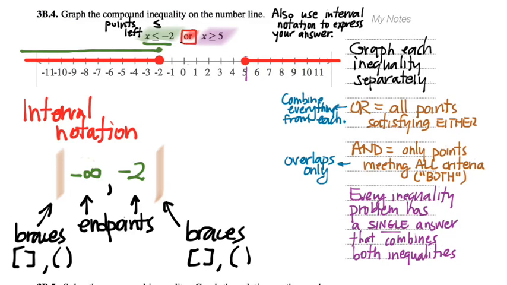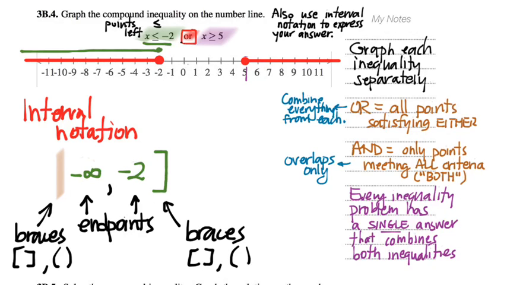Remember, the square brackets indicate inclusion of that number. Round brackets indicate not inclusion, exclusion. So which of those two do I want for -2? Because -2 is included in the set, we use a square bracket to indicate that.